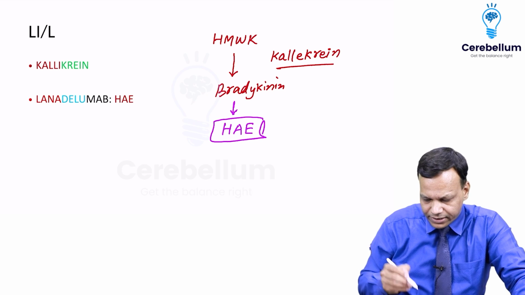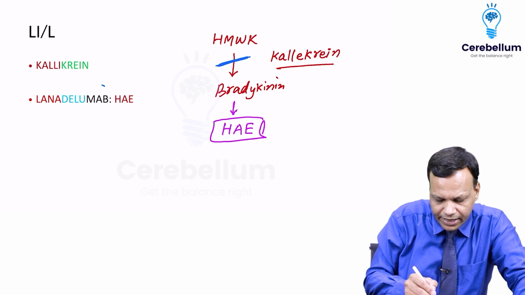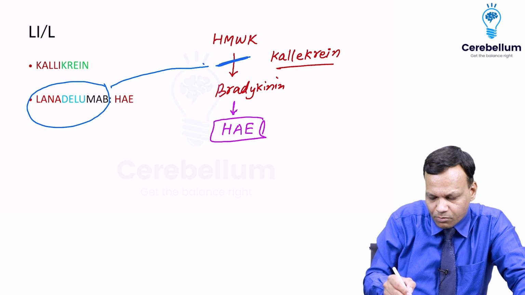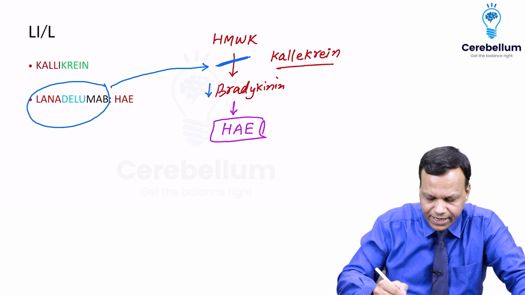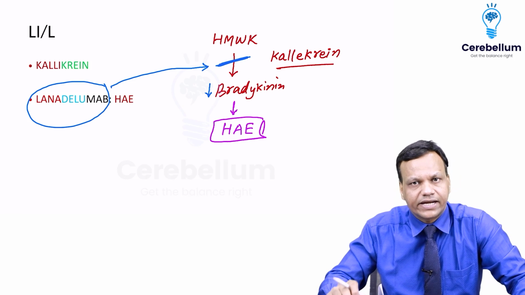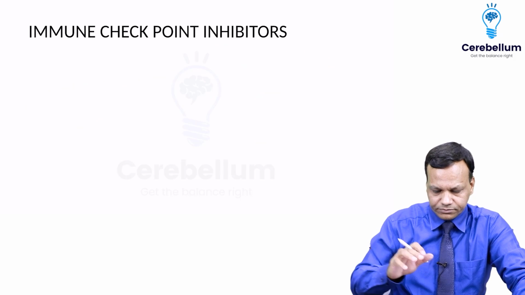So the monoclonal antibody against kallikrein is lanadelumab. So it will decrease the formation of bradykinin, so that will treat hereditary angioneurotic edema. Okay, again no need to remember.